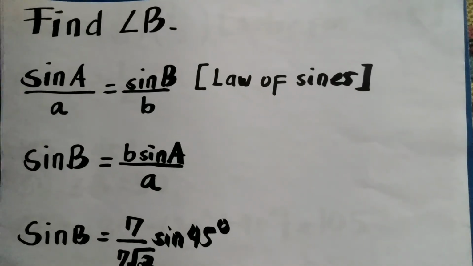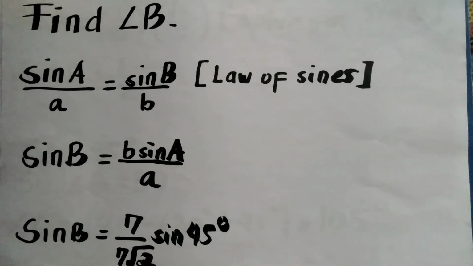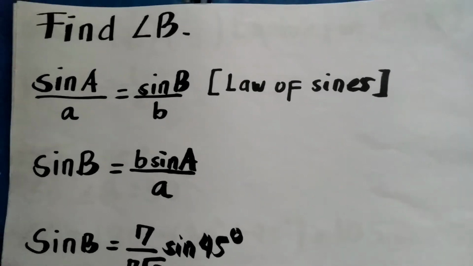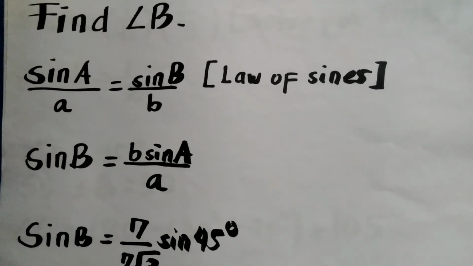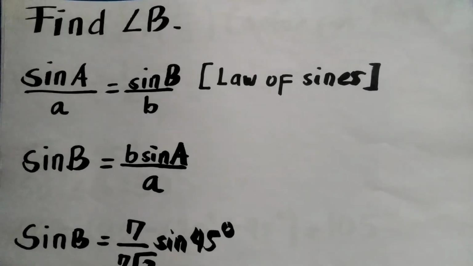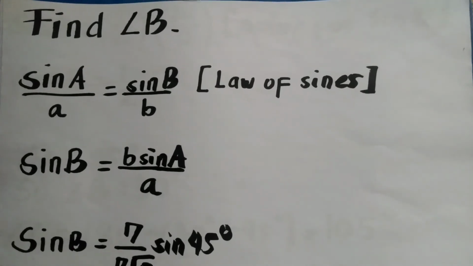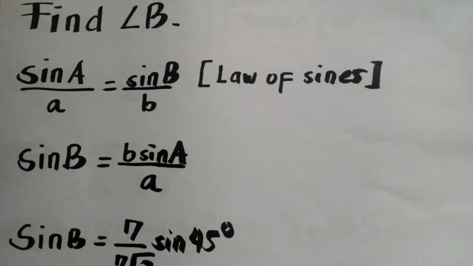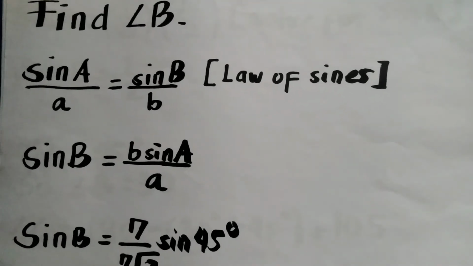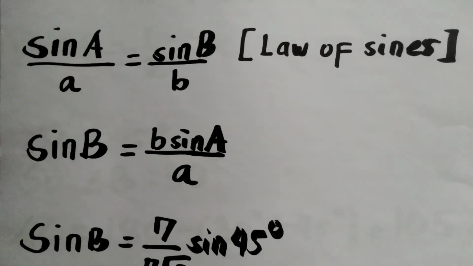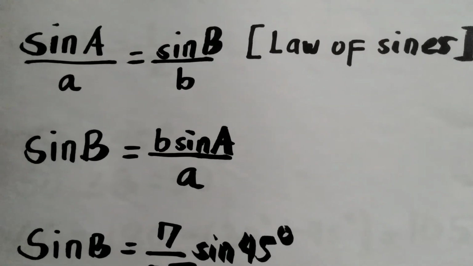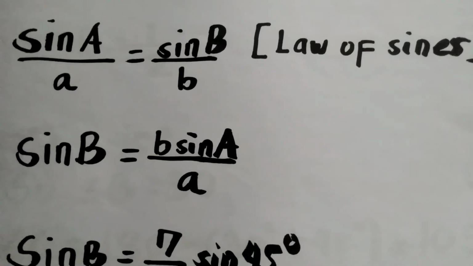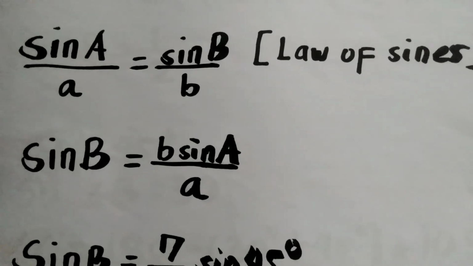Since angle B is unknown in the triangle, we're going to solve for it by using the law of sines. This is how we're going to find angle B. Sine A over a equals sine B over b. Since angle A is given, we put the value of angle A and side b in this formula.